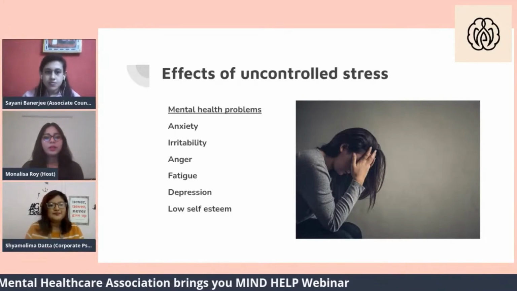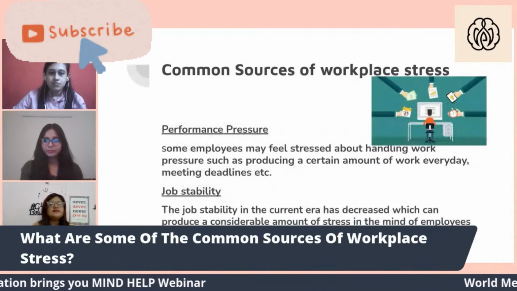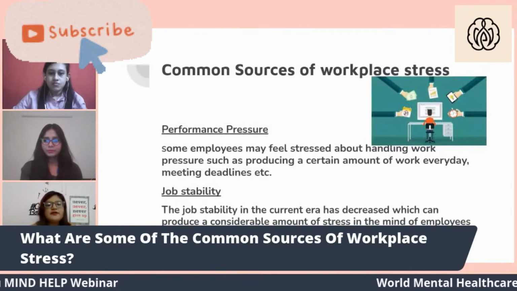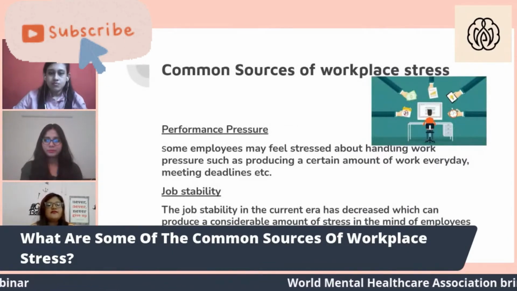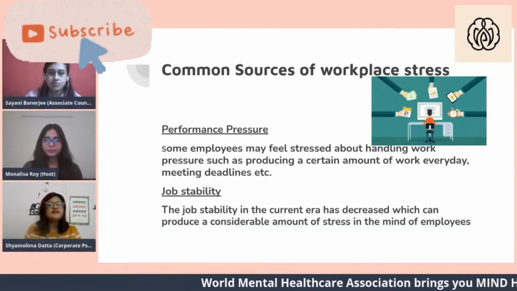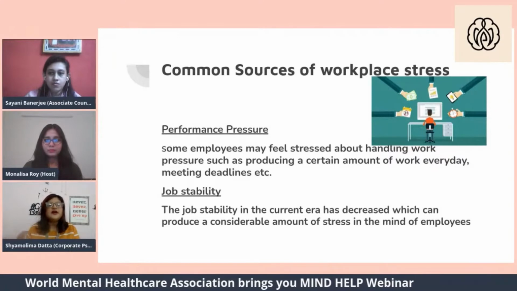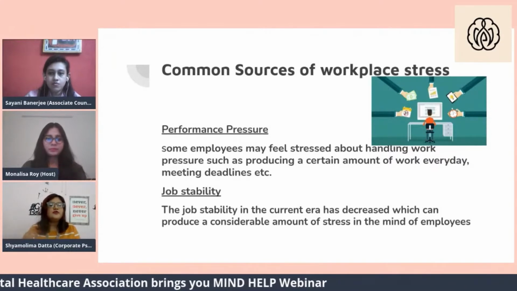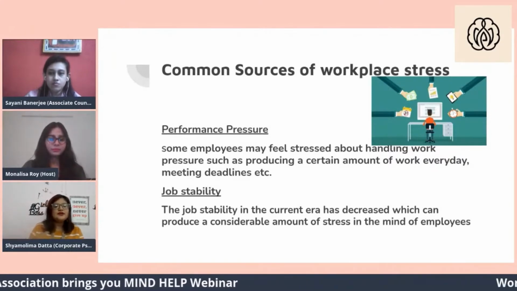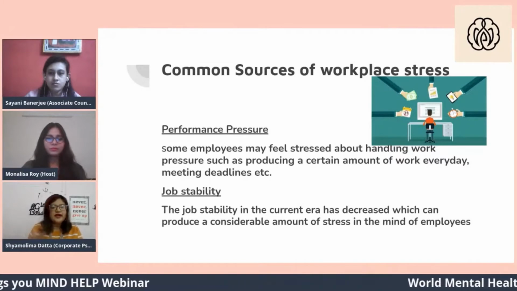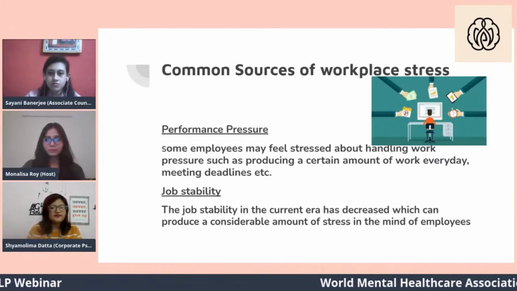First is performance pressure. Sometimes employees feel stressed when there's a lot of pressure every day from the organization. Some people find it hard to meet deadlines, and that gives them a lot of stress.